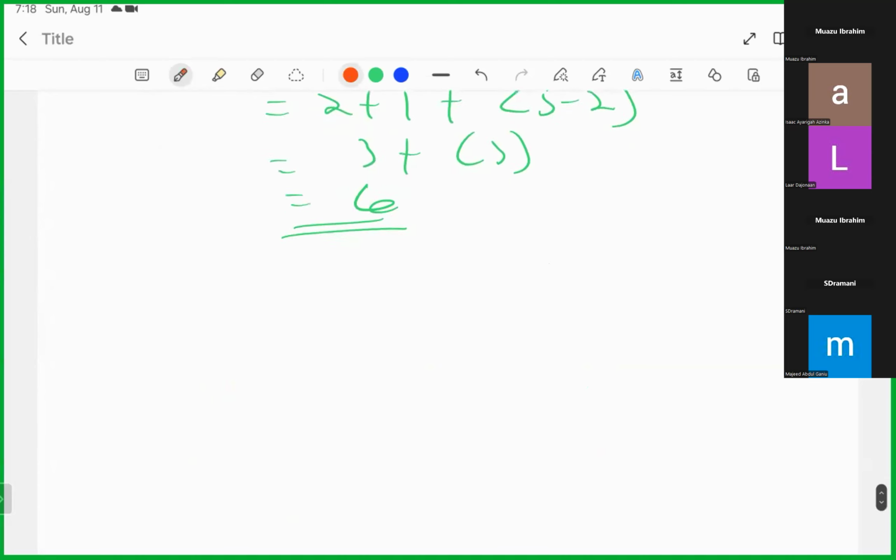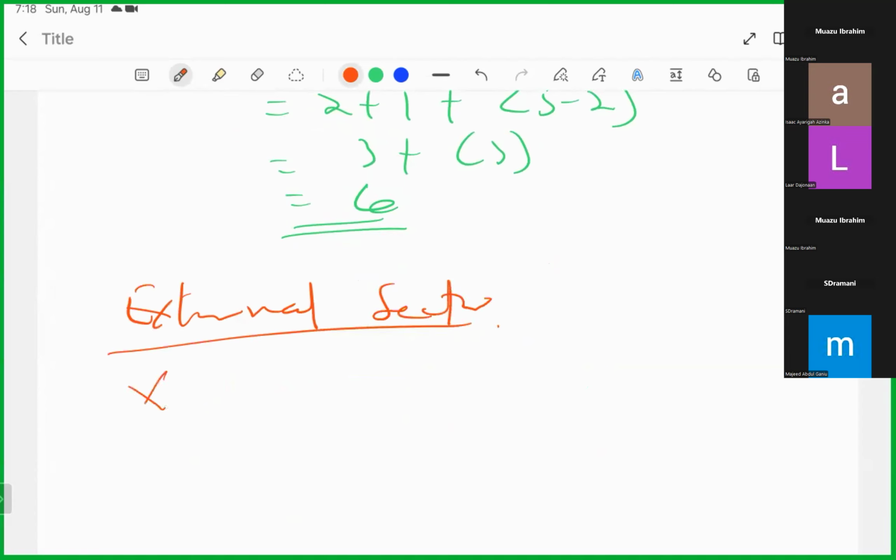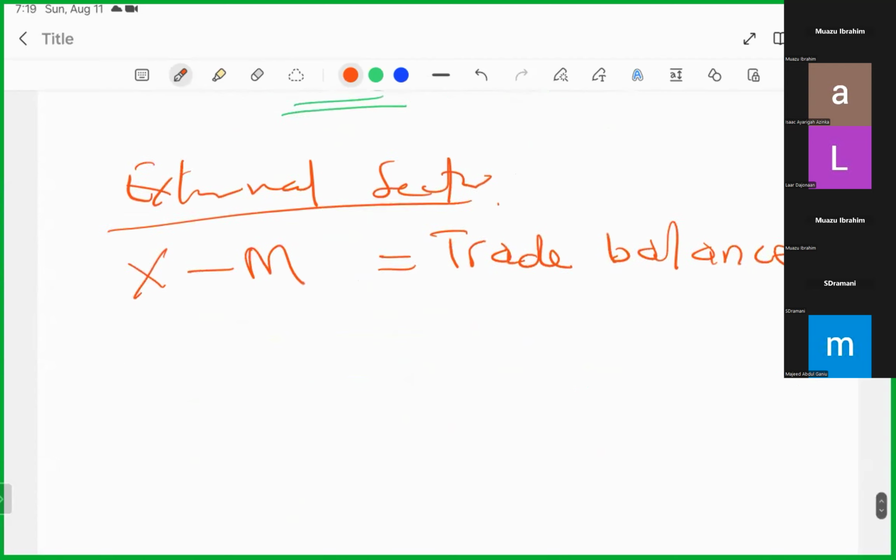Now, notes for the external sector. For the external sector, we are talking about export minus import. So export minus import is also called trade balance.